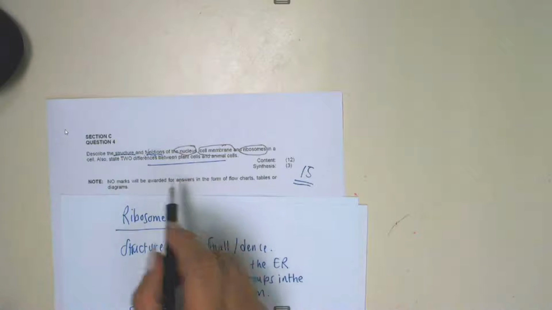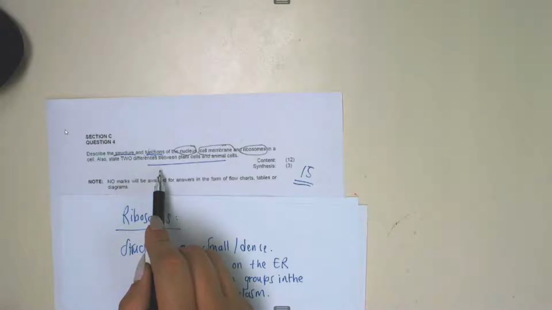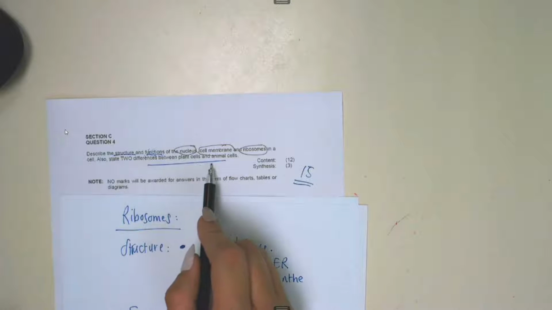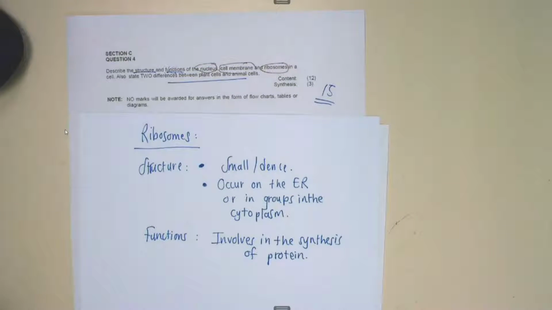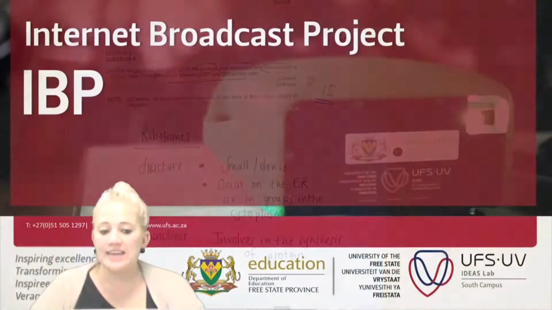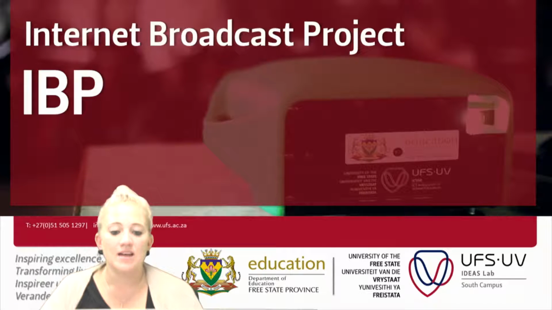But we still had a last part, which says: state two differences between plant cells and animal cells. Now remember, in a previous question they asked you to say what was visible, because they gave you two pictures which you could look at, and you had to say what the visible differences were between the plant and the animal cell.